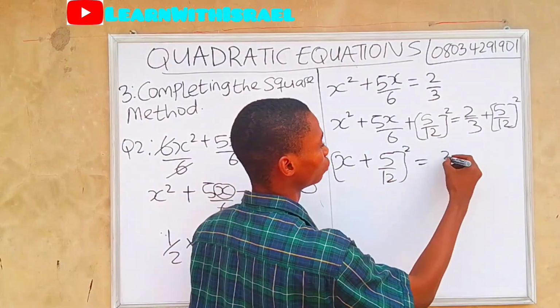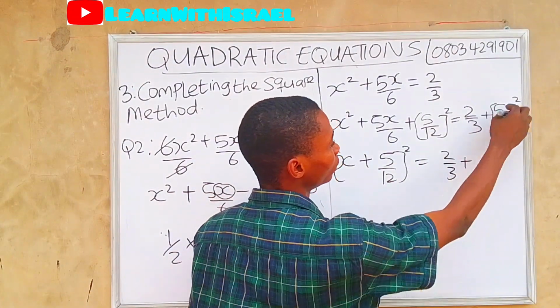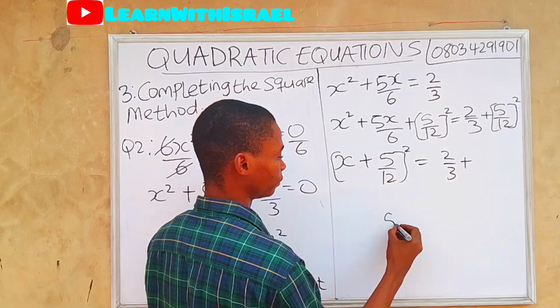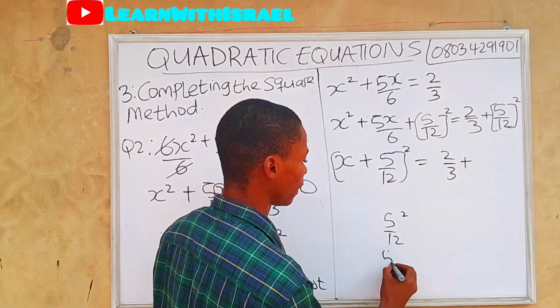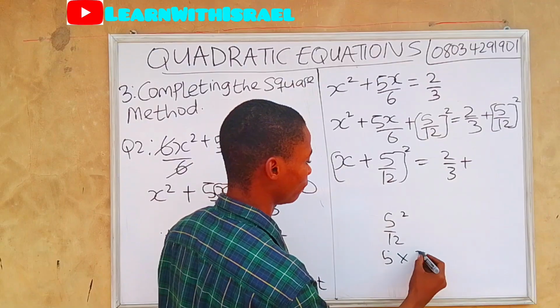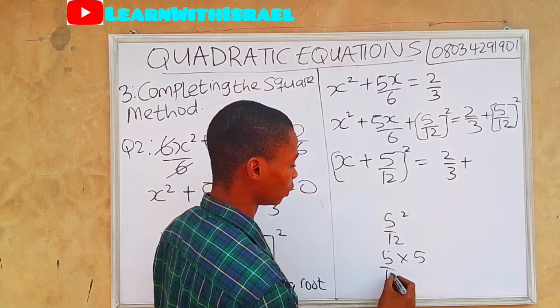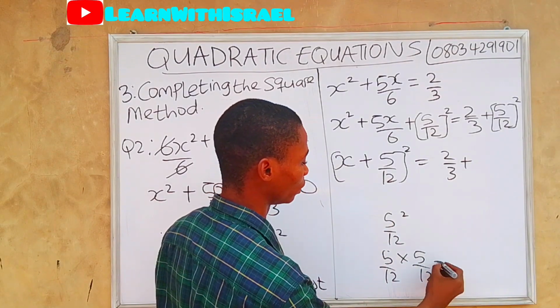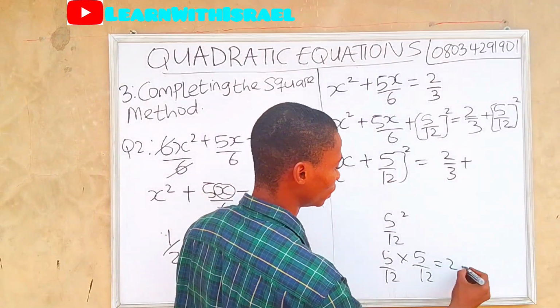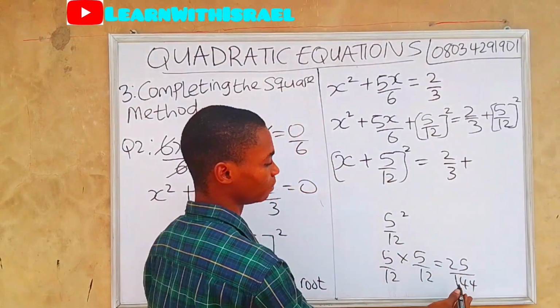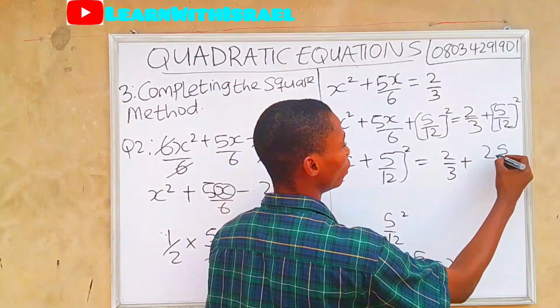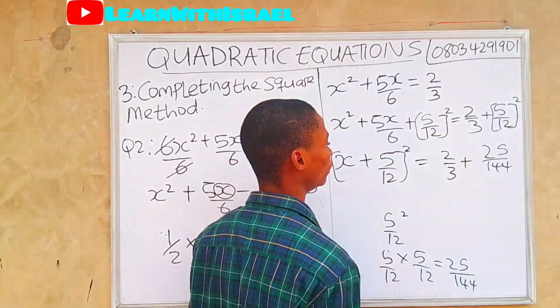Equals 2 all over 3 plus, let's bring this value here, (5 all over 12) squared, which means 5 all over 12 multiplied by 5 all over 12. 5 multiplied by 5 is 25. 12 multiplied by 12 is 144. So let's bring it back here: 25 all over 144.